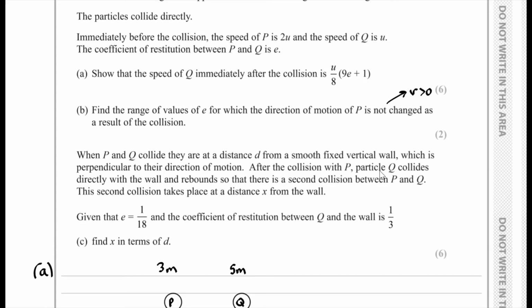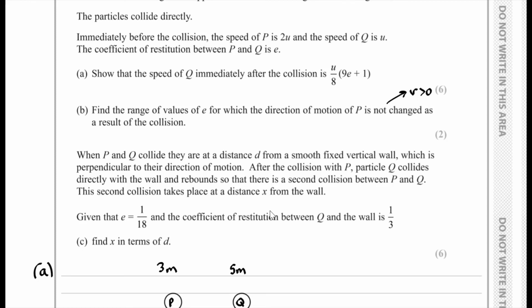After the collision with P, particle Q collides directly with the wall and rebounds, so that there is a second collision between P and Q. This second collision takes place at a distance x from the wall. Given that E is equal to 1 over 18 and the coefficient of restitution between Q and the wall is 1/3, we have to find x in terms of d. I think this question is actually quite difficult.